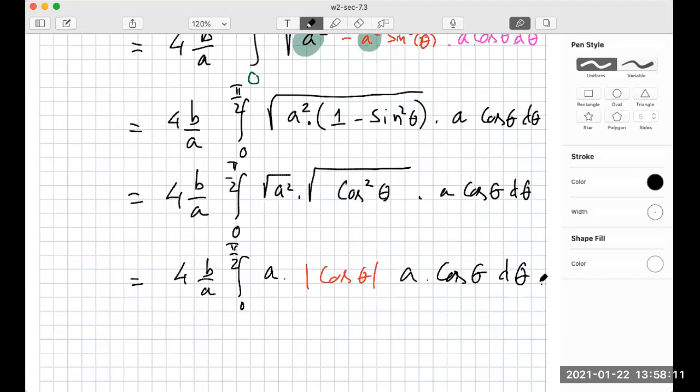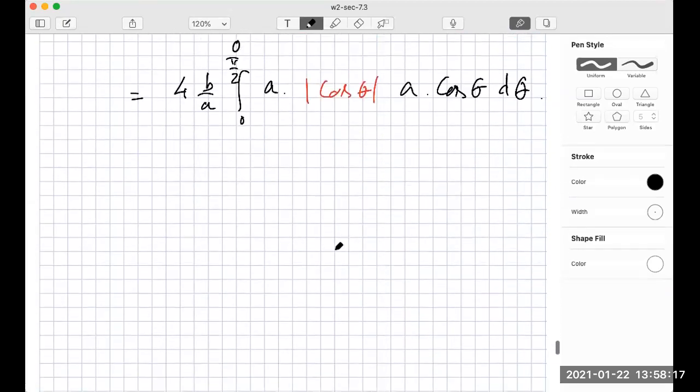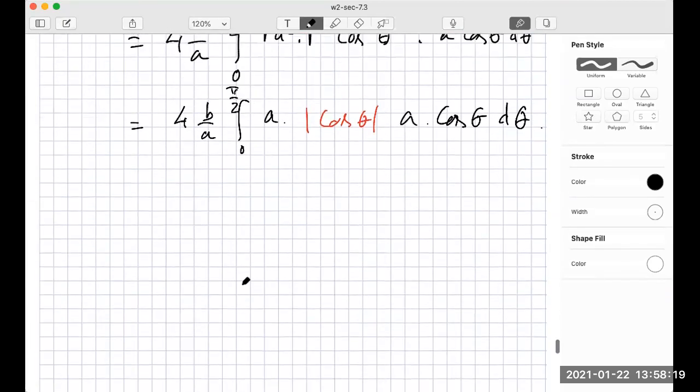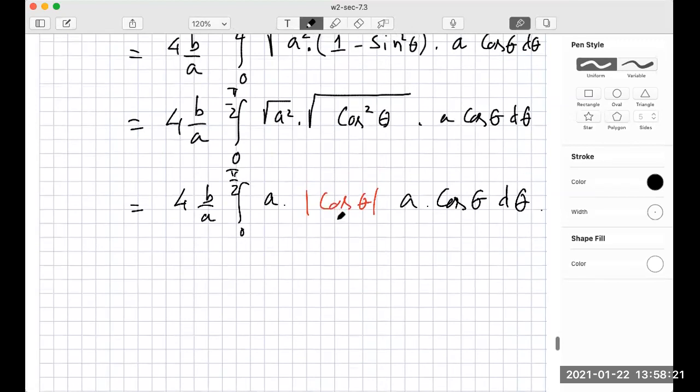Okay. But in the first quadrant, cosine of theta, is it positive or negative? Positive. So we can get rid of the absolute sign, right?